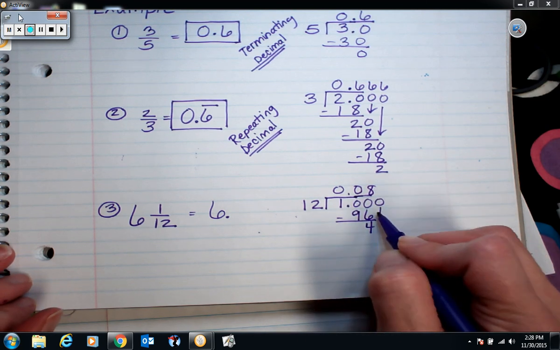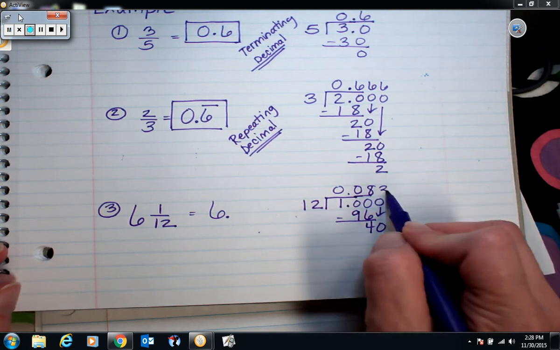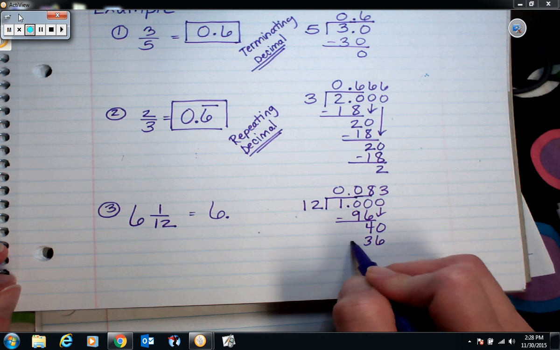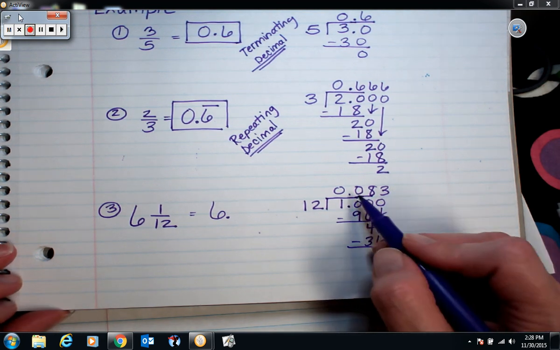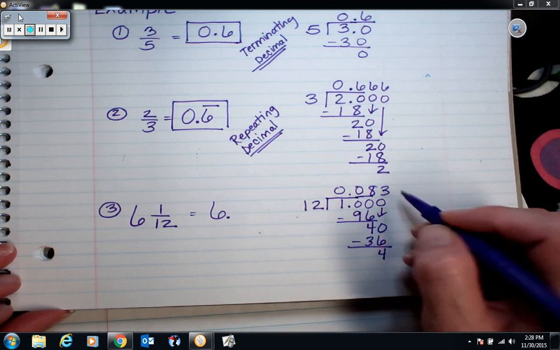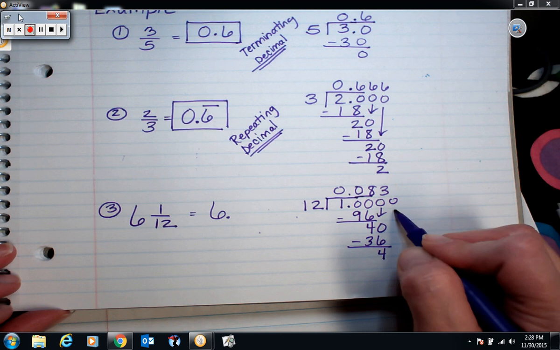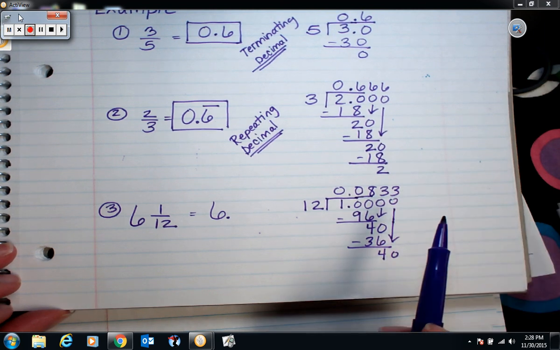Remember, I want to divide out to that thousandth place. 12 goes into 40 3 times, and 3 times 12 is 36. Subtract, I get a 4, and you might be able to tell, even though we can stop at the thousandth place and give this as our final answer, I could keep going, and if I add a 0, that 3 is going to repeat.